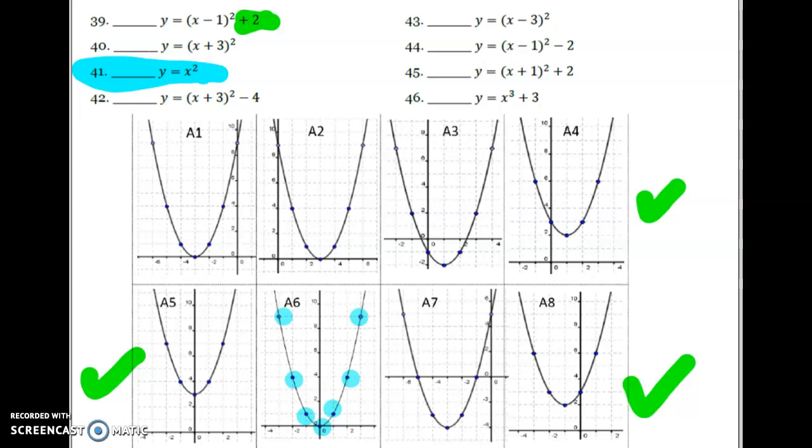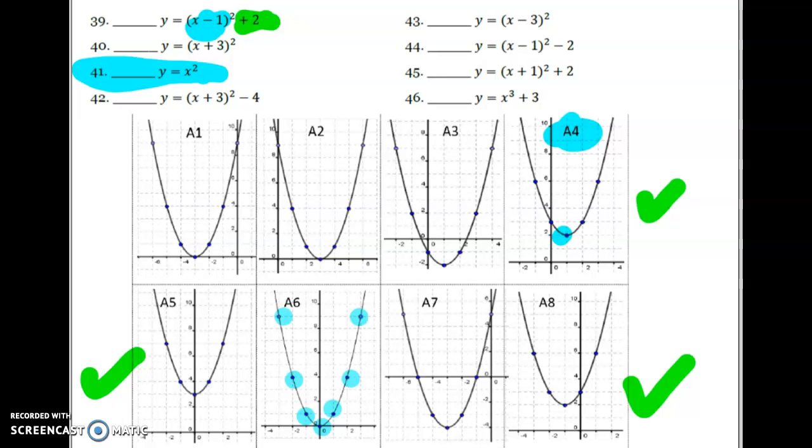The other thing I'm looking for is the value of h, which is inside the parentheses, and that is going to shift the opposite from what we would expect with the sign. Since it's a -1, we would be shifting to the right. And so the vertex that has shifted to the right 1 and up 2 is A4.